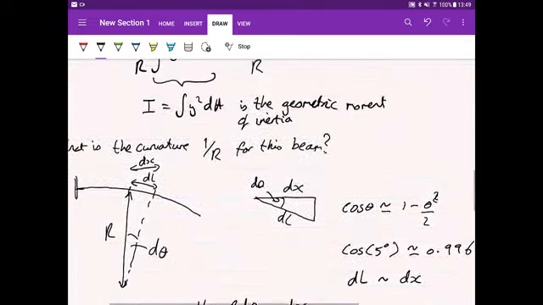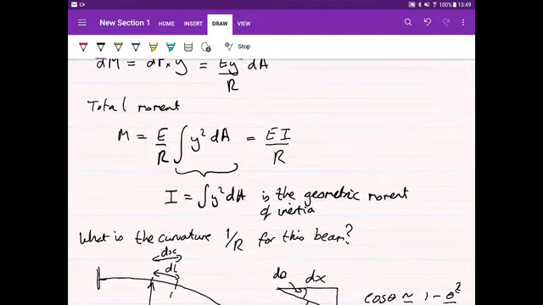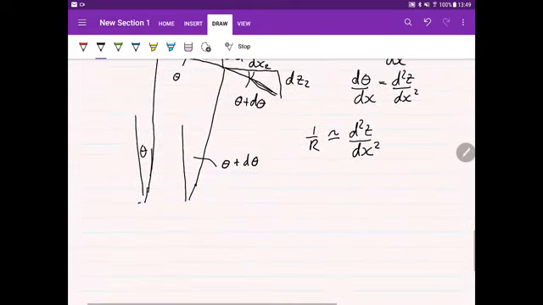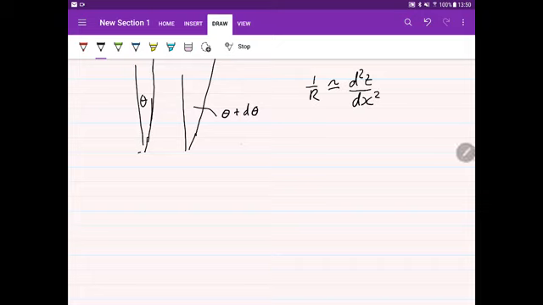Now, you have to go back quite a long way to find this. We worked out what the moment was in terms of EI and this 1 over r that we didn't know. So we can now write down that the moment for this elemental volume is going to be equal to E times I times d2z by dx squared.